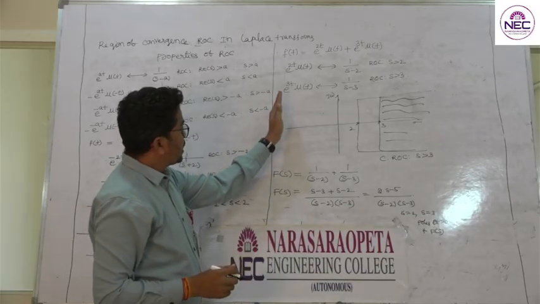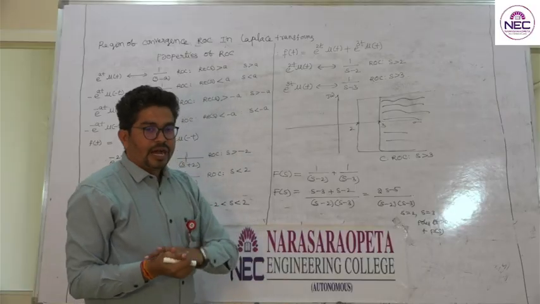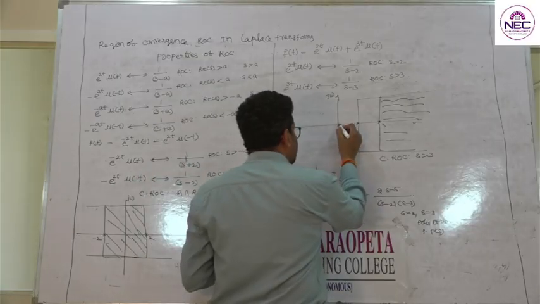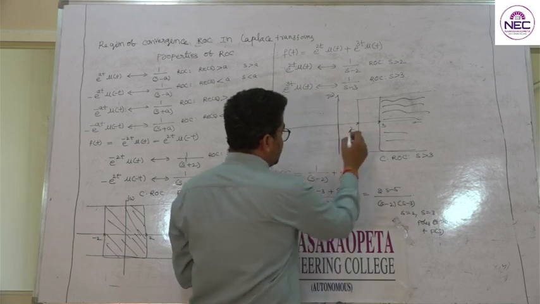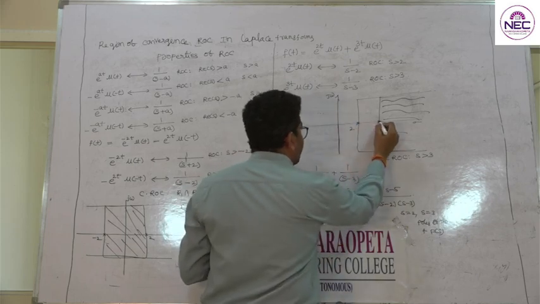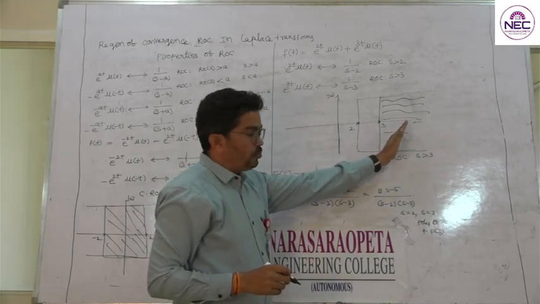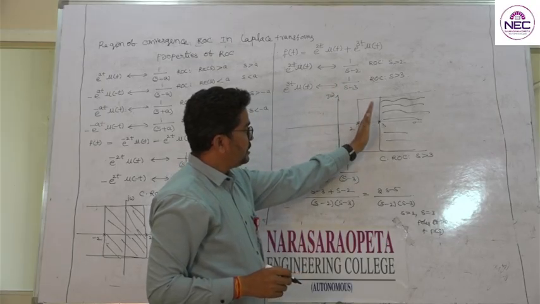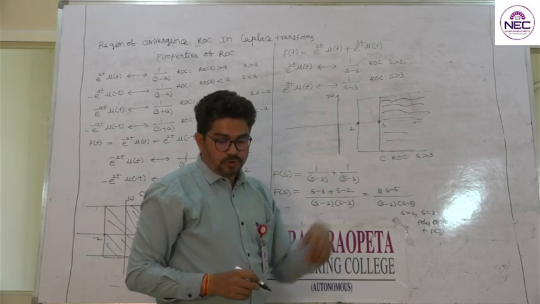For a combination of two right side signals, ROC is outside of the outermost pole, that is, the right side of the rightmost pole. For a combination of two right side signals, ROC is always right side of the rightmost pole.